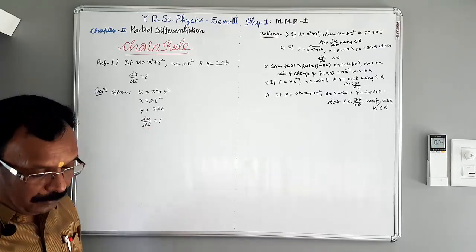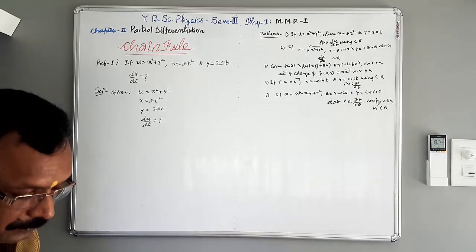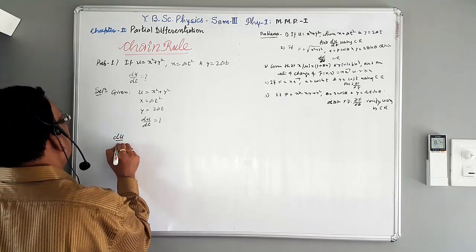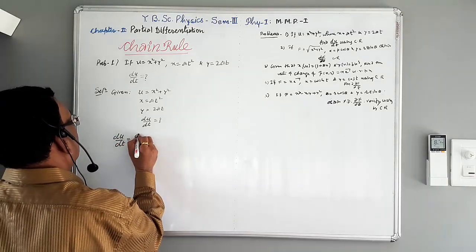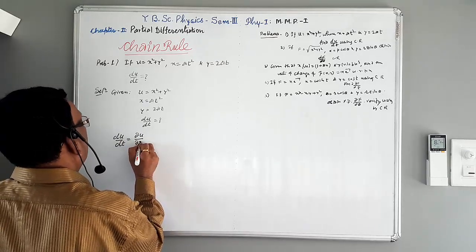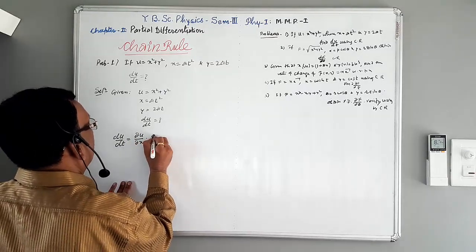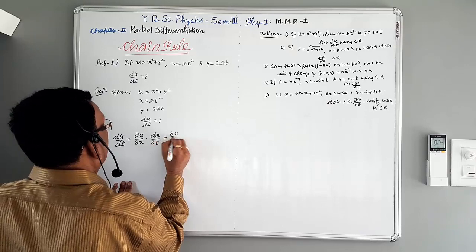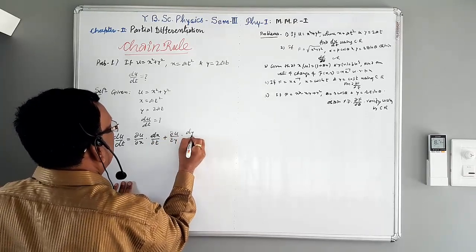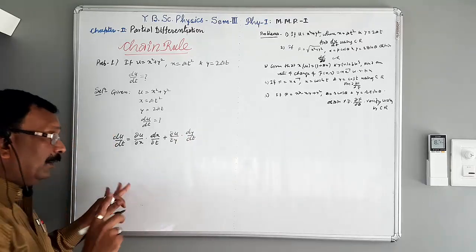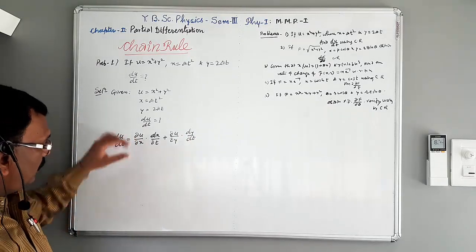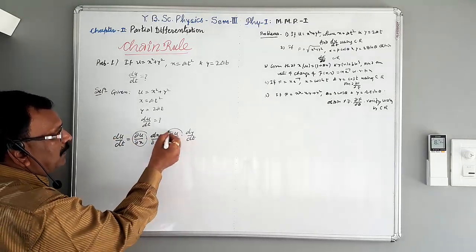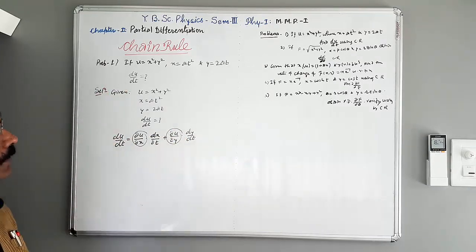For this purpose, the chain rule is simply du by dt is equal to delta u by delta x into dx by dt plus delta u by delta y into dy by dt. Here this is a partial derivative of the function u with respect to x, and this represents the partial differentiation of the same u with respect to y.